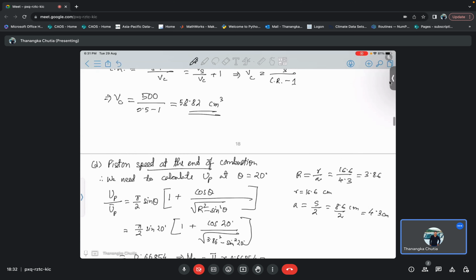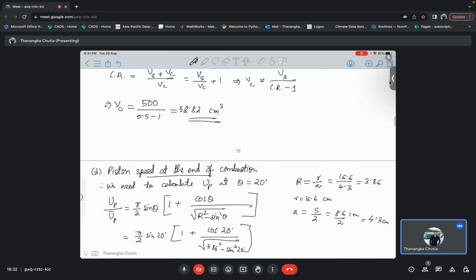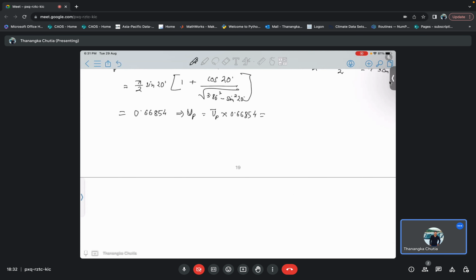What is my UP bar? 10.32, okay. So you'll get your answer as 10.32 into 0.66854 meters per second, which will be equal to 6.899 meters per second, okay.